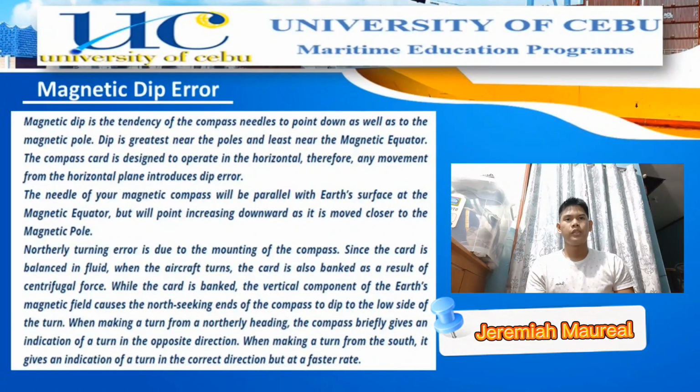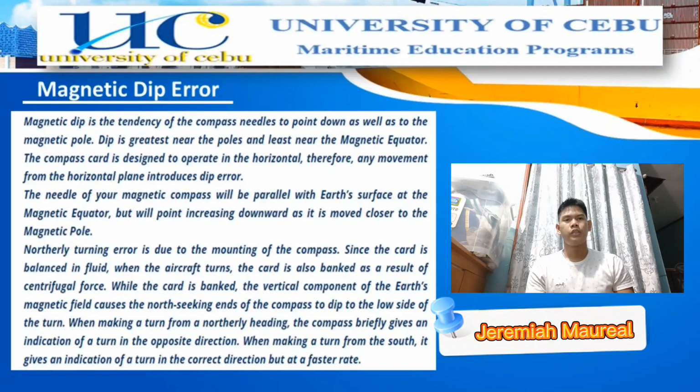Dip is the greatest near the poles and least near the magnetic equator. The compass card is designed to operate in the horizontal, therefore any movement from the horizontal plane introduces dip error. The needle of your magnetic compass will be parallel with Earth's surface at the magnetic equator, but will point increasingly downward as it is moved closer to the magnetic pole.